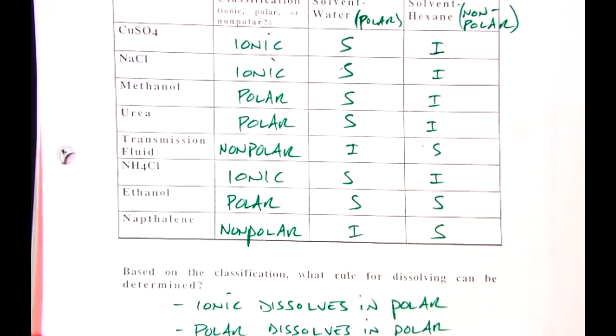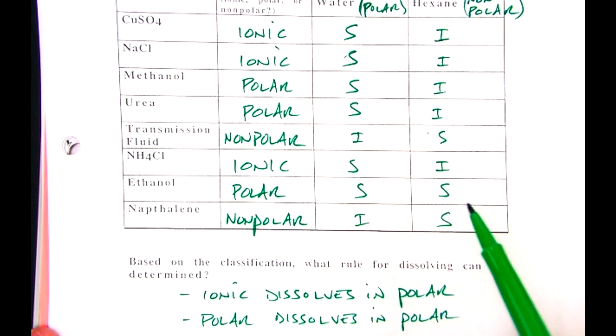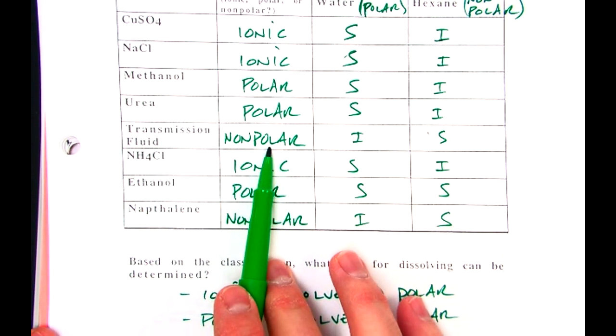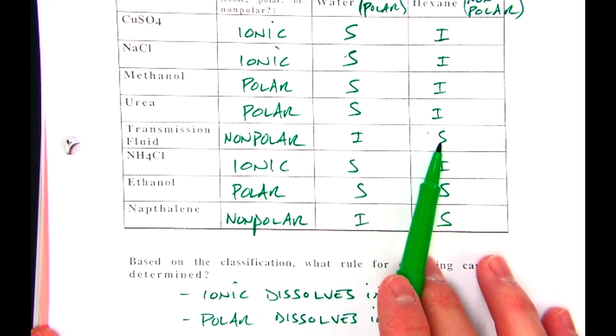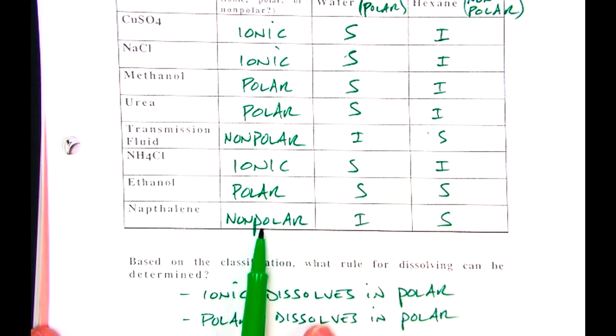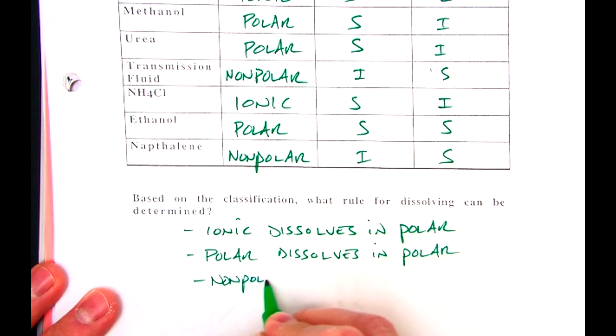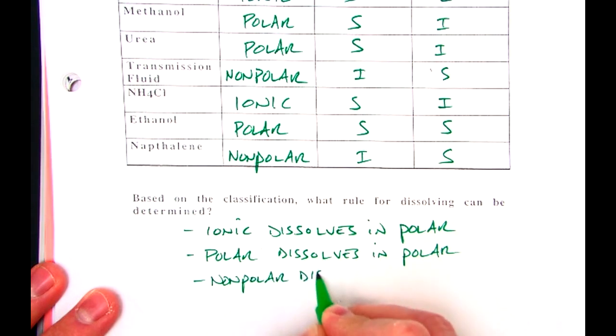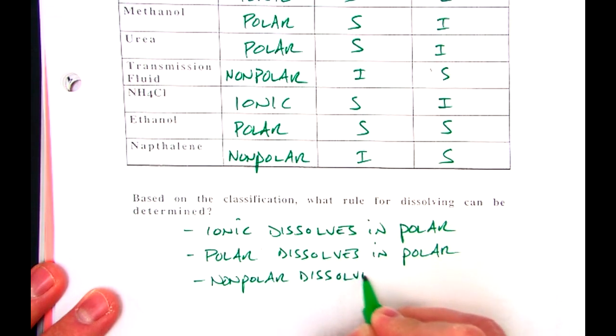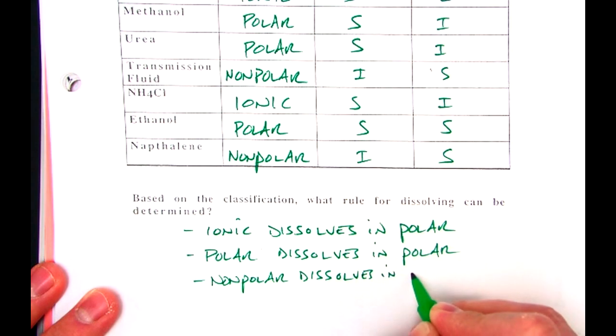And lastly, we can tell from our results too that nonpolar substances dissolve in nonpolar hexane. And so that nonpolar dissolves in nonpolar.